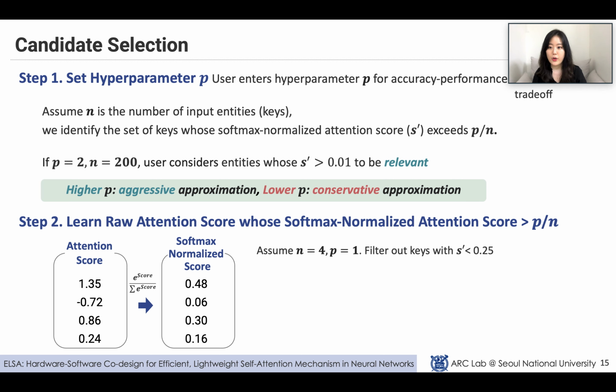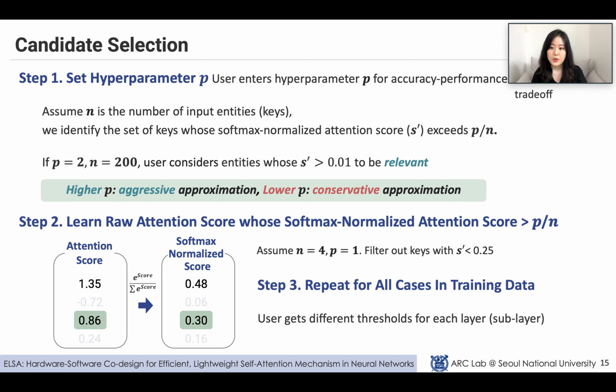For example, from the case below where n is 4 and P is 1, we learned that the threshold for the raw attention score is 0.86, since this is the least score whose normalized attention score is larger than P over n, which is 0.25 here. We repeat this process for multiple cases and take the average to derive the filtering threshold for the raw attention score.